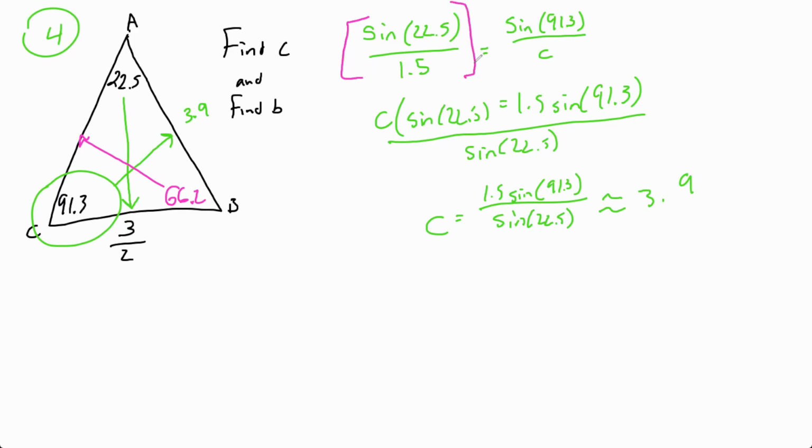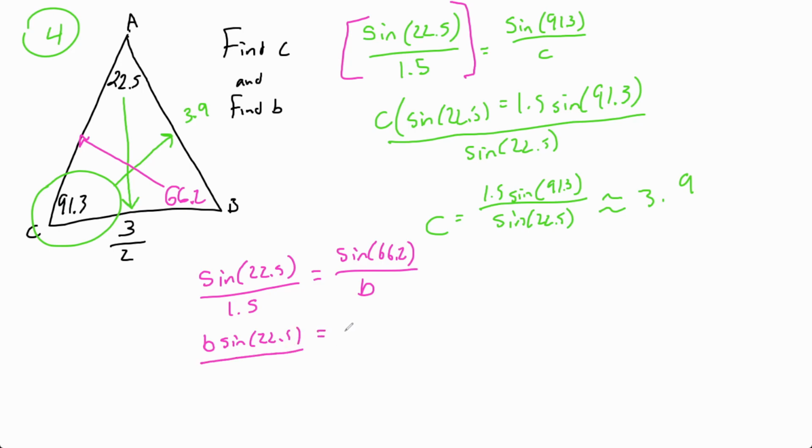If I set it up where my two knowns are always on the left, I'm going to start every problem with this triangle the same way if I am looking for sides. And now I'm going to say it's equal to sine of 66.2 over that little b that I am looking for. This is going to give me b sine 22.5.